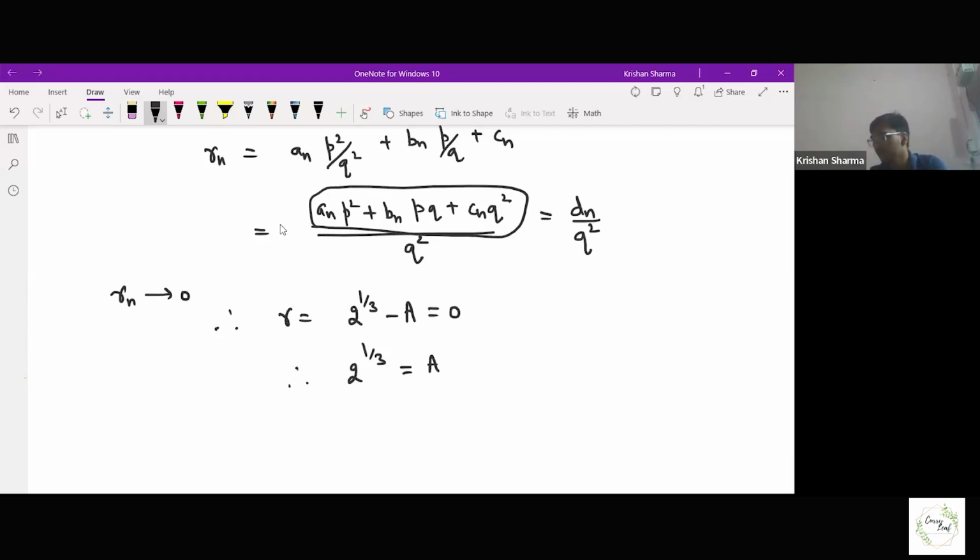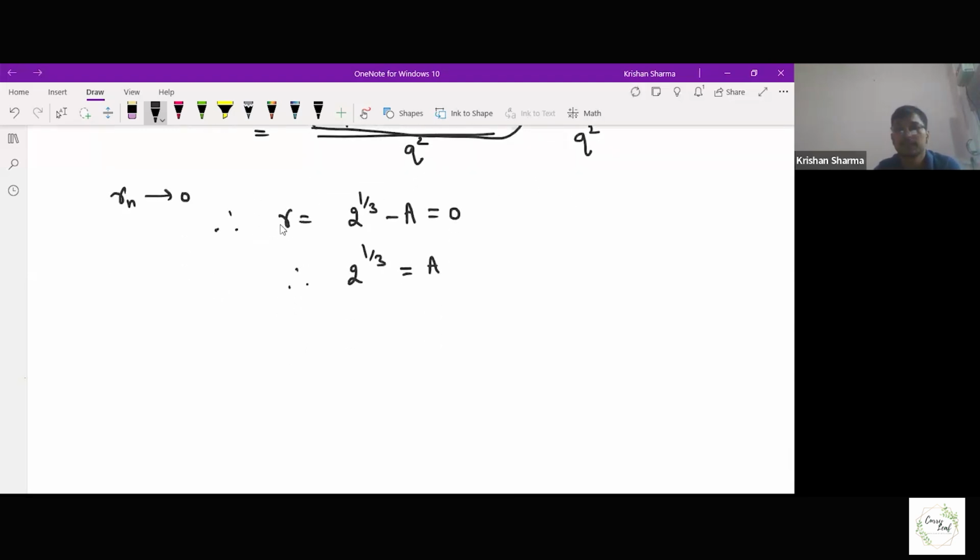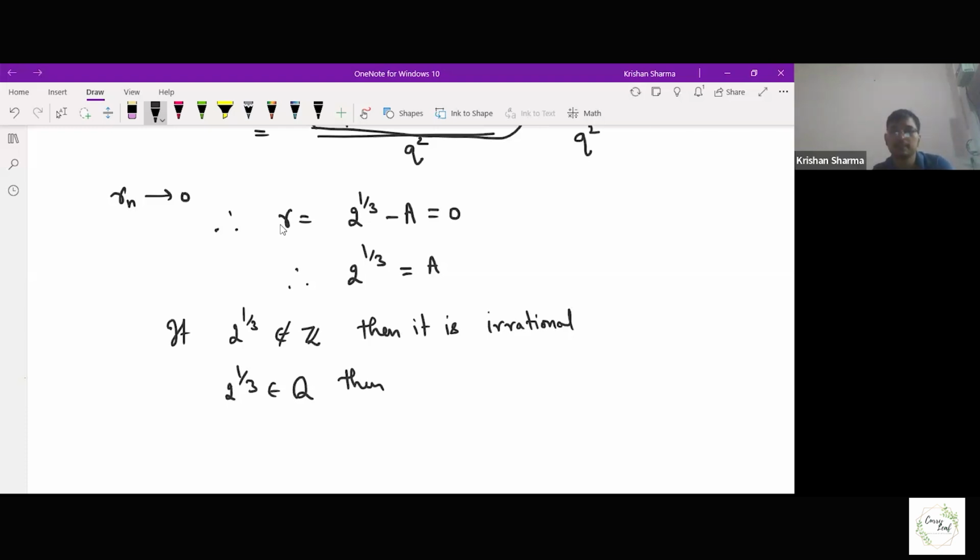Again, we will say that 2 raised to power 1 by 3 is equal to A. So if 2 raised to power 1 by 3 does not belong to integers, then it is irrational. Or what other thing can you say? If 2 raised to power 1 by 3 belongs to rational numbers, then it is an integer.